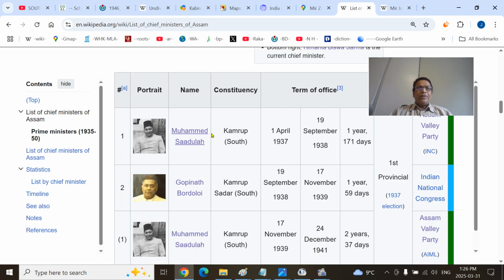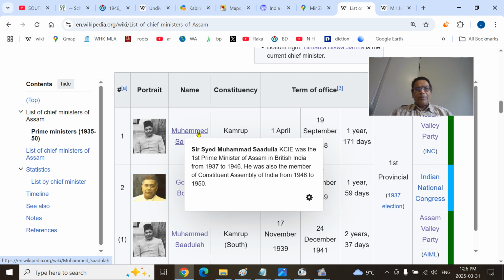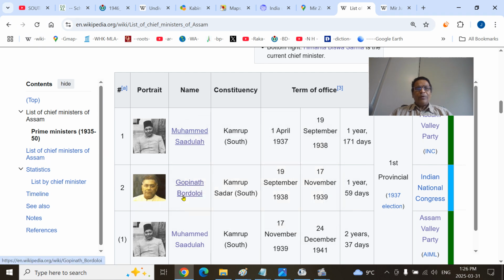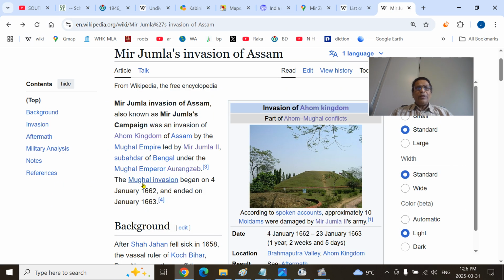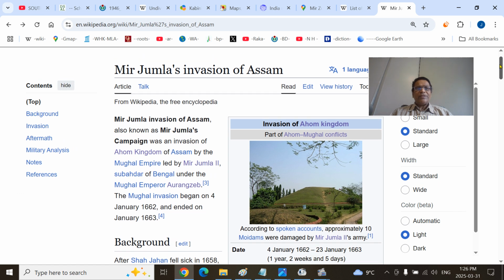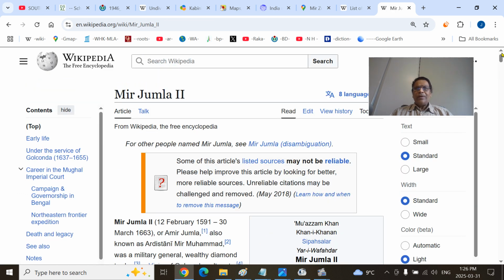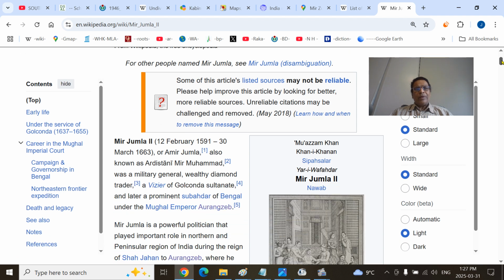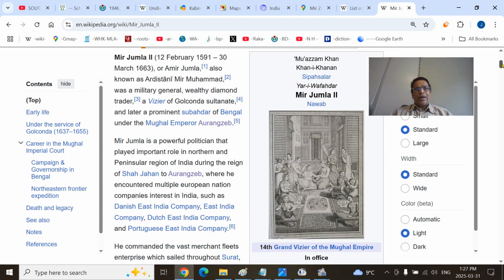These are Muhammad Saadulah, Premier of Assam, and Gopinath Bordoloi. Mir Jumla's invasion of Assam, 1663. Mir Jumla was the prominent general and Diwan, the chief minister, Wazir of Shah Jahan, and later also of Aurangzeb, his strategist, advisor, general.